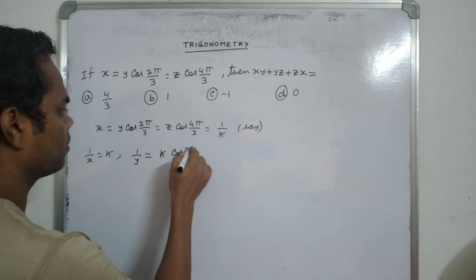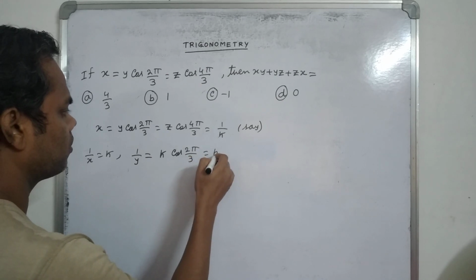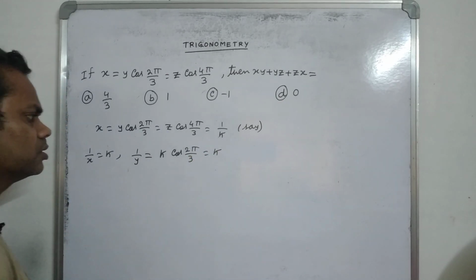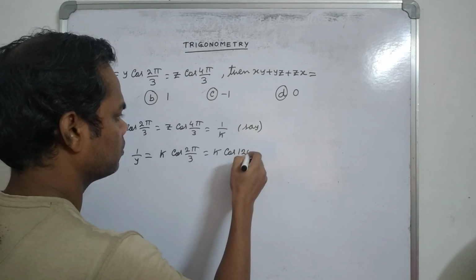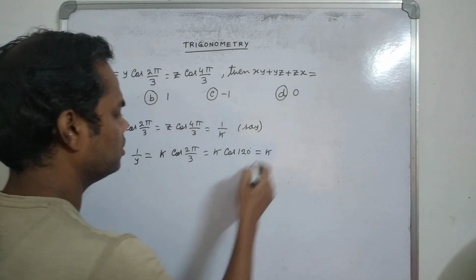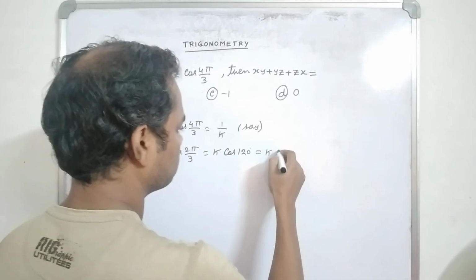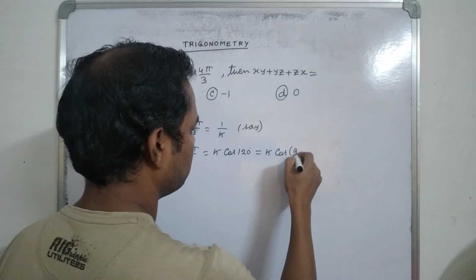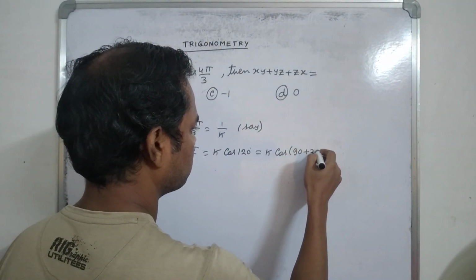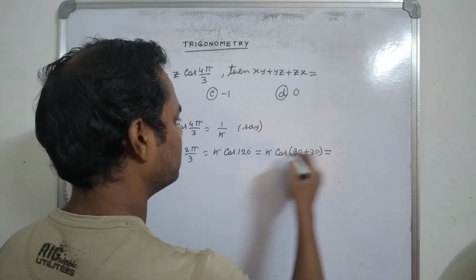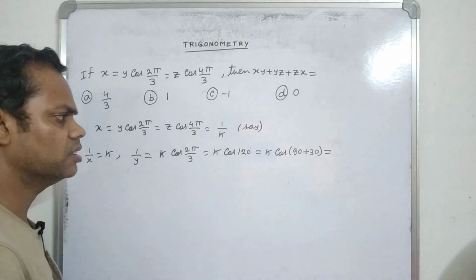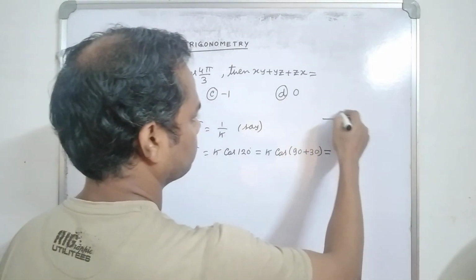And cos 2 pi by 3 is cos 120 degree. Cos 120 degree is cos of 90 plus 30. So cos of 90 plus 30 lies in the second quadrant.